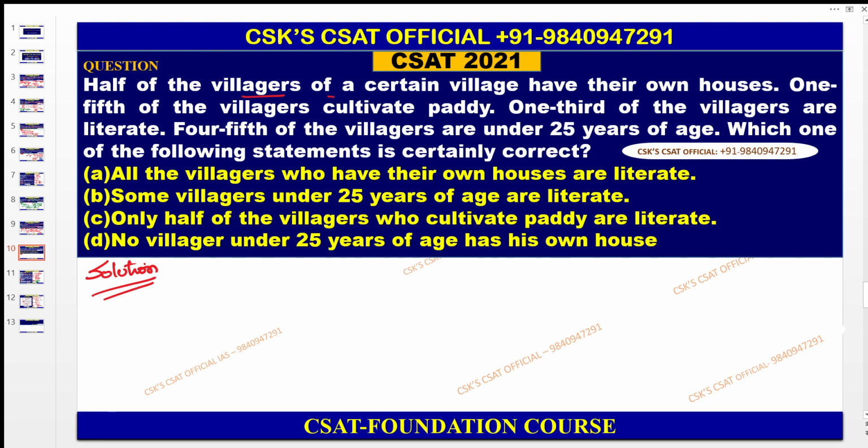Half of the villagers of a certain village have their own house. 1/3 of the villagers cultivate paddy. So these are all very important. You can take 100 members as the total villagers, but when you are calculating 1/3 and all, it's complicated. For 1/3 you can take 150 or else 300 or 450.